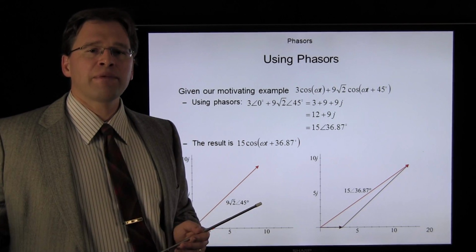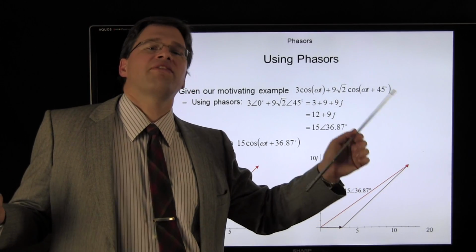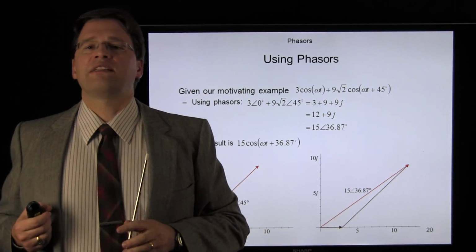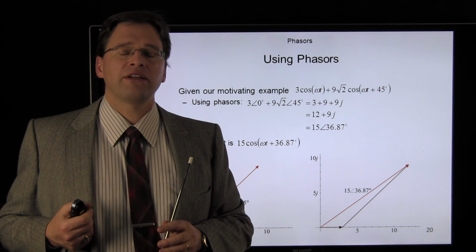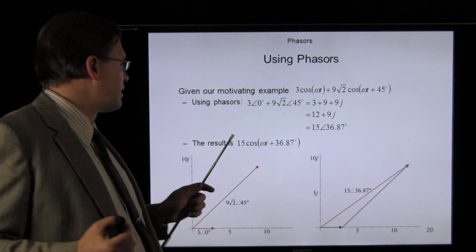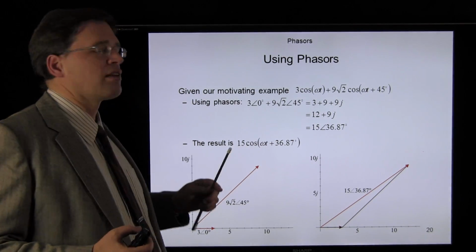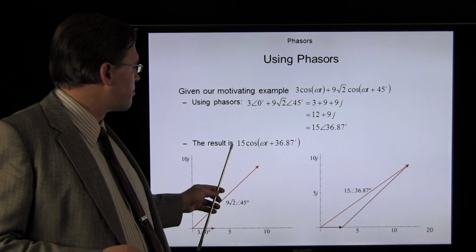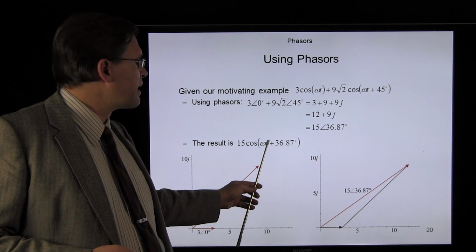If I have a different amplitude, I will get a different complex number. If I change either component of the complex number, I will get a different sinusoid. So it's a one-to-one mapping between phasors and trigonometric functions of the form amplitude times cos of omega t with a phase shift.